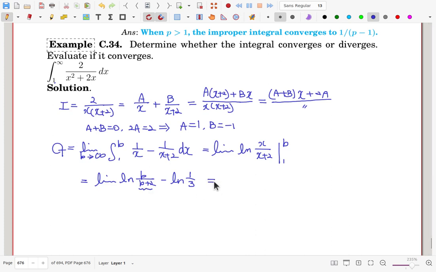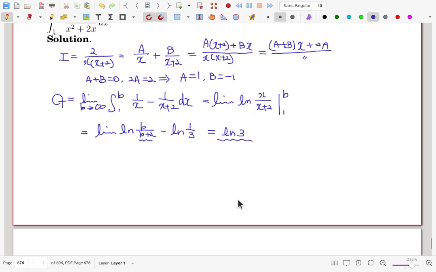So we have minus logarithm of 1 over 3, which is the same as logarithm 3. So the final answer for this problem is that the improper integral converges to logarithm 3.